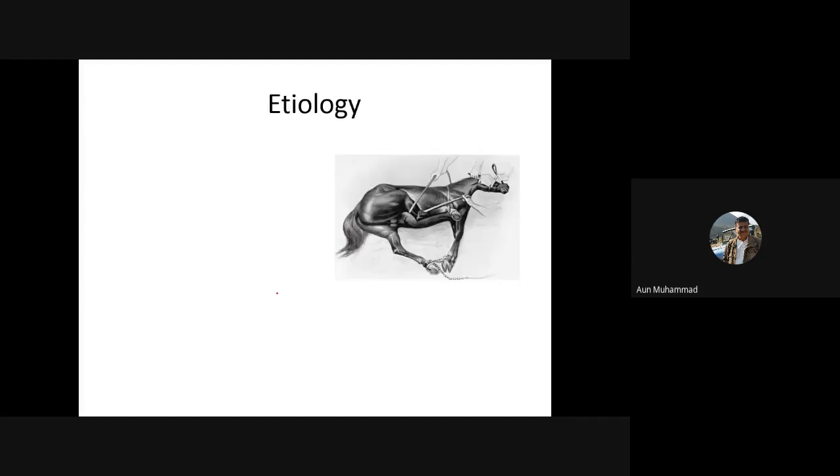So the main etiology is trauma. I mean, trauma at the area where this nerve is protruding outside and along the side of the musculospiral groove of the humerus. If there is a direct injury at that site, and similarly, this condition is mostly observed during the casting of equines.